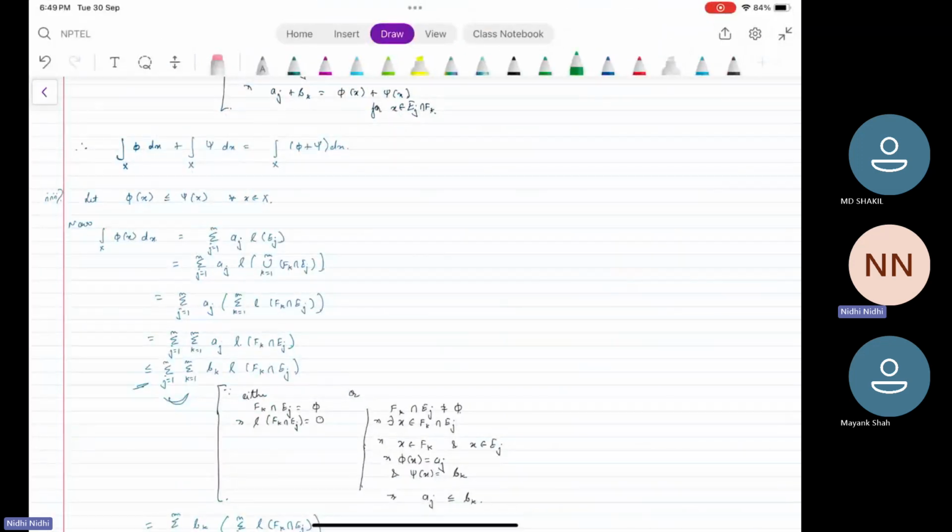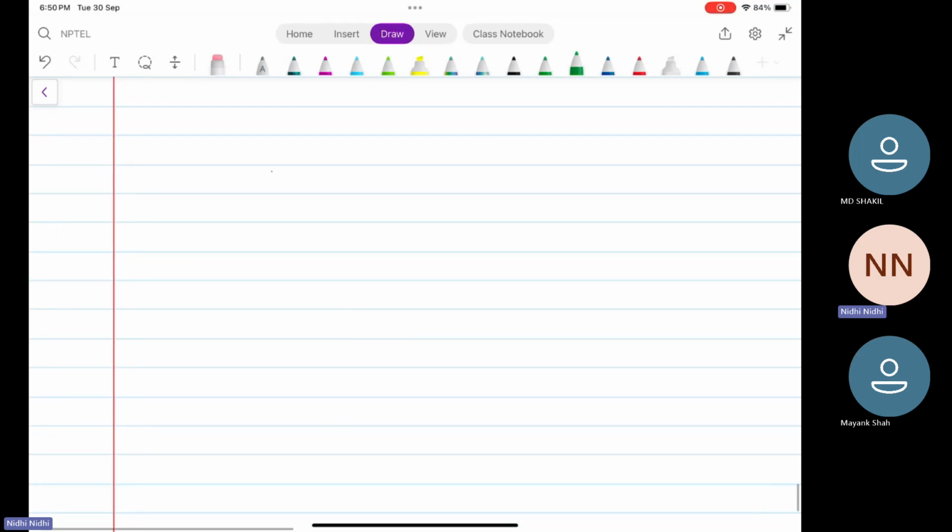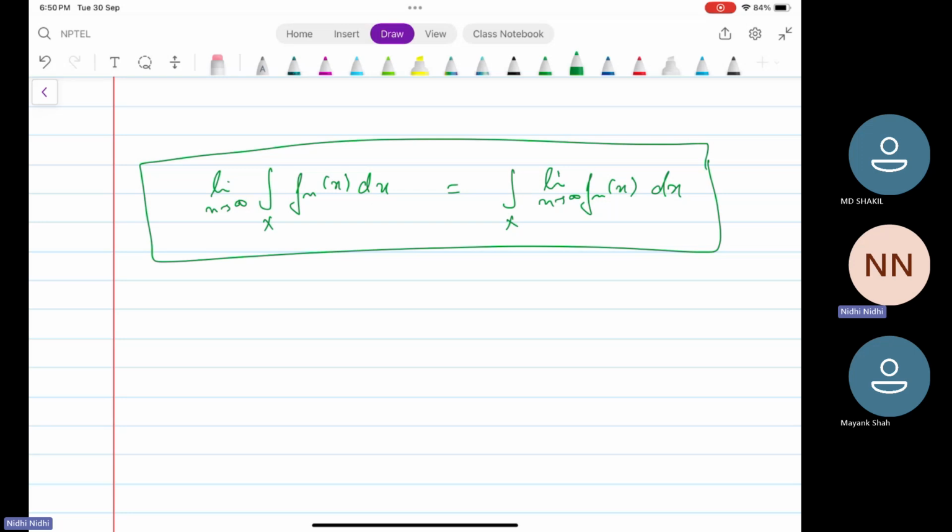Basically, we want to see when we can write limit n tending to infinity of the integral of fn x dx equal to the integral of limit n tending to infinity fn x dx. So this is our main idea. If we have the sequence fn of continuous functions and it converges uniformly, this will be the uniform limit, and eventually we can interchange the limit and integral.